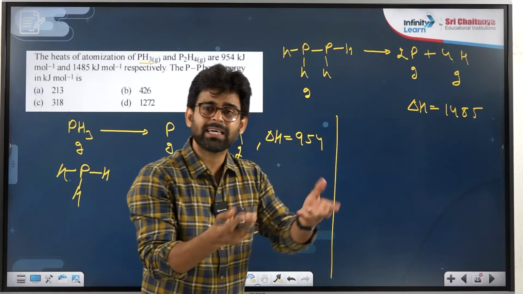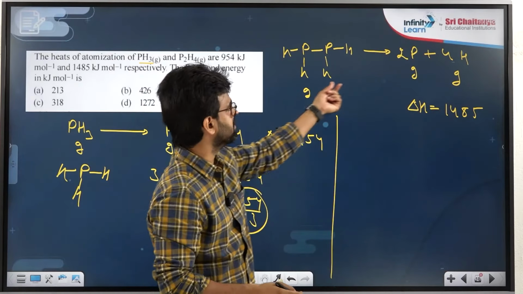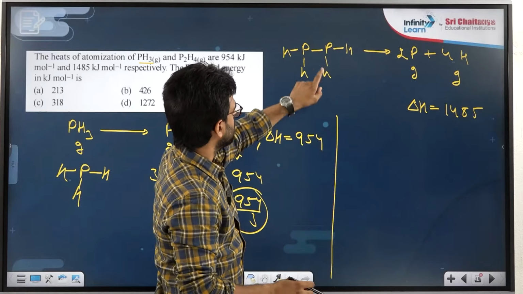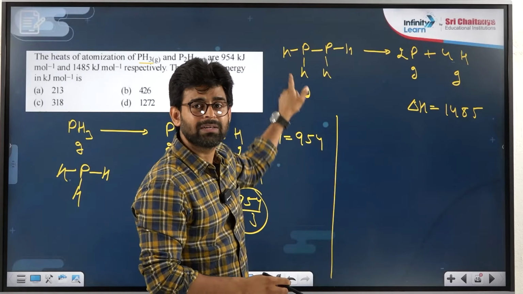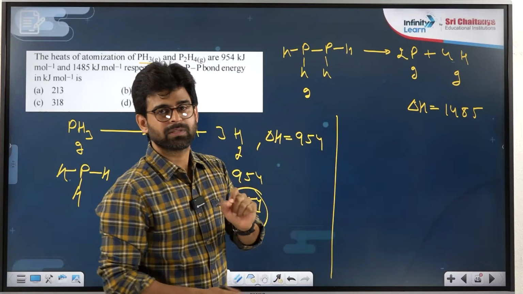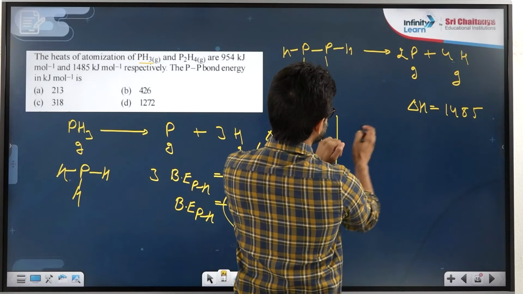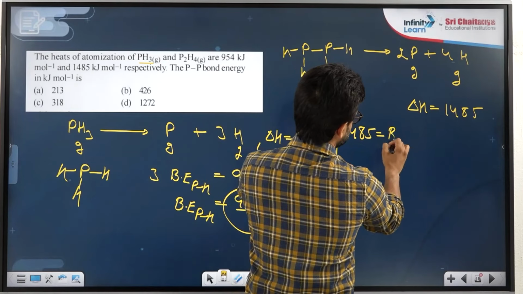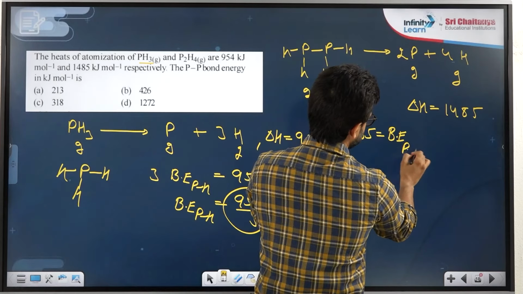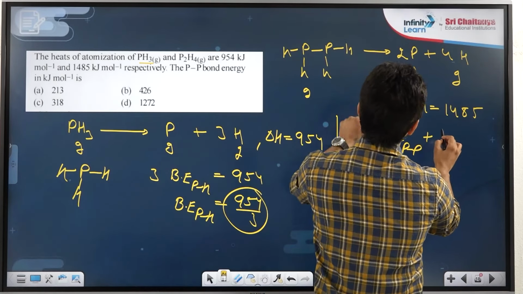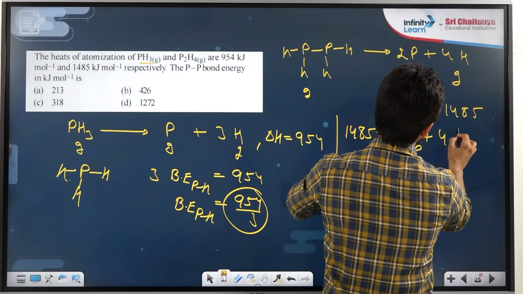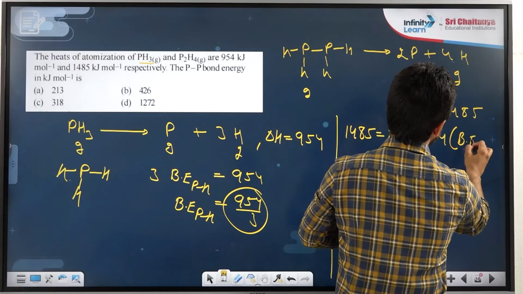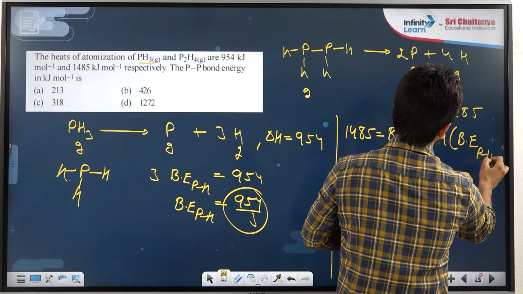So what I am doing in this reaction is just breaking the bonds. Which bonds? One PP bond and the remaining PH bonds. So I can say this delta H, that is 1485, is actually the bond enthalpy of PP bond plus 4 into bond enthalpy of the PH bond.